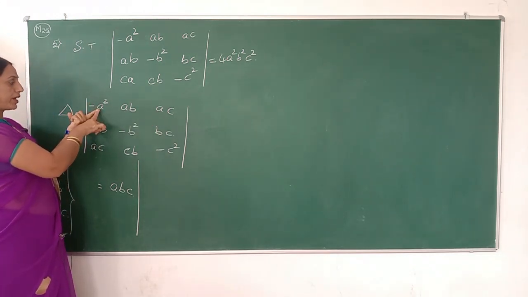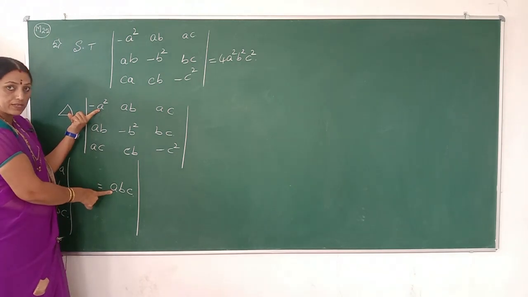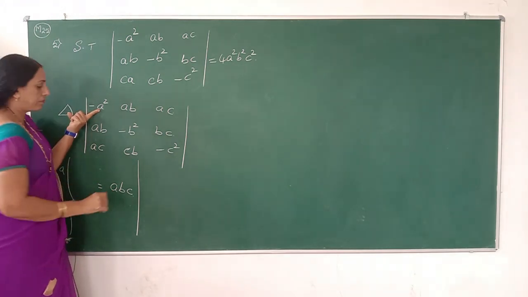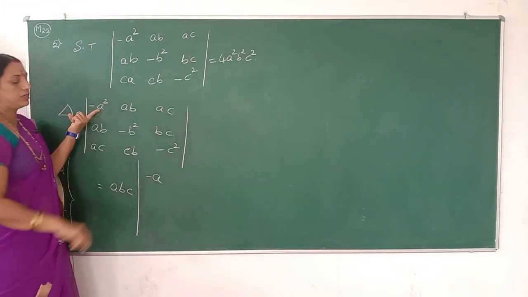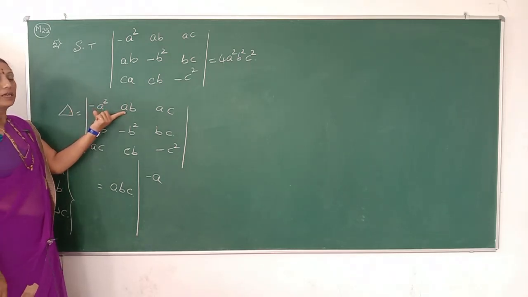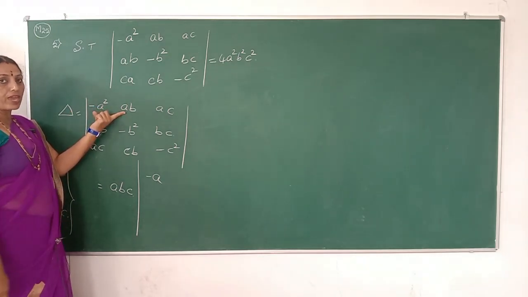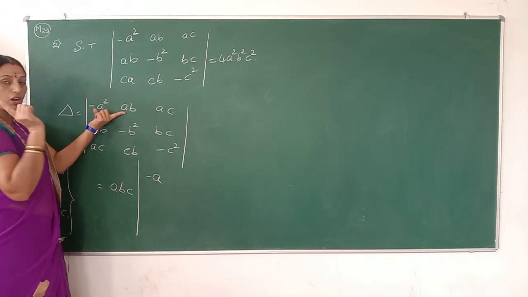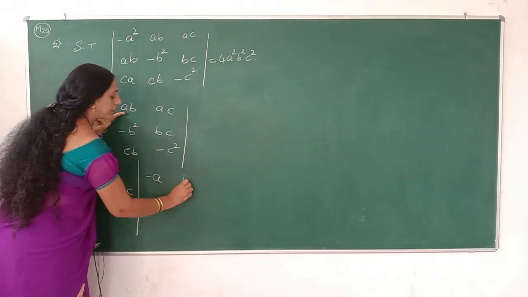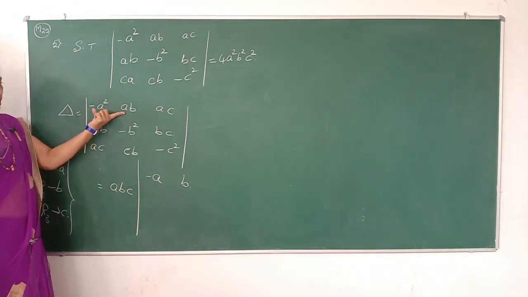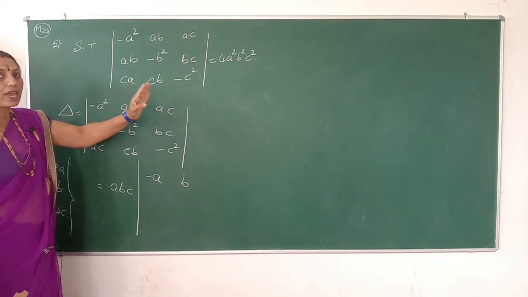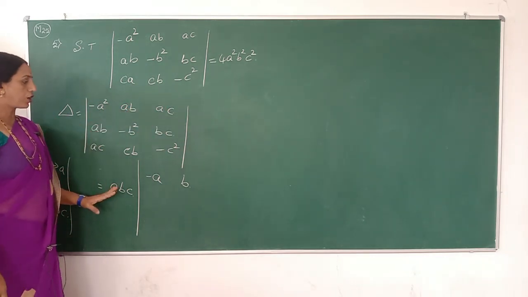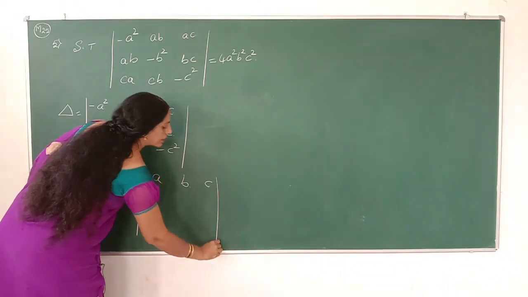From minus a square, taking a out, the remainder is minus a. Similarly, the second term is a into b; taking a out, the remainder is b. And the third element is a into c; taking a out, the remainder is c.